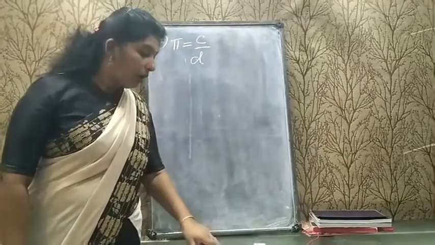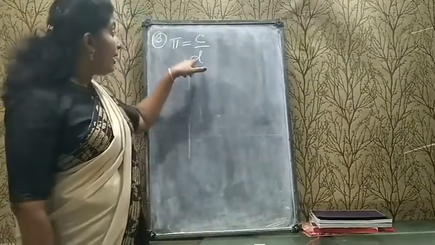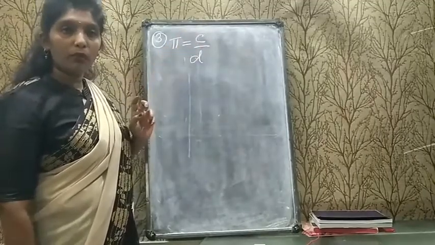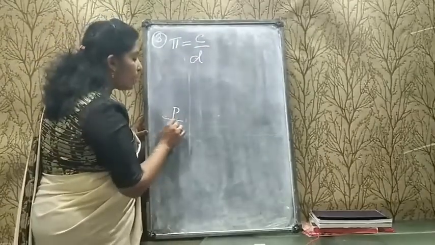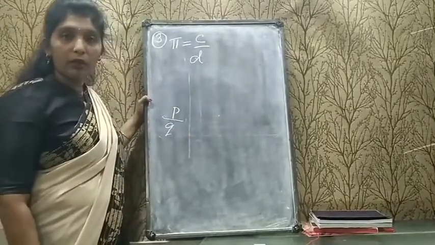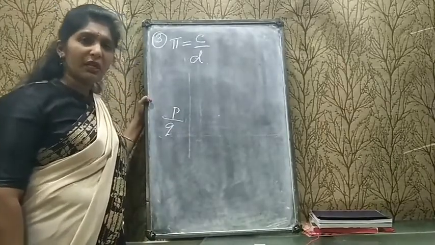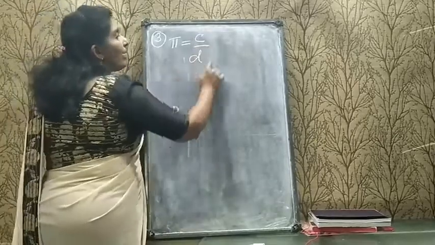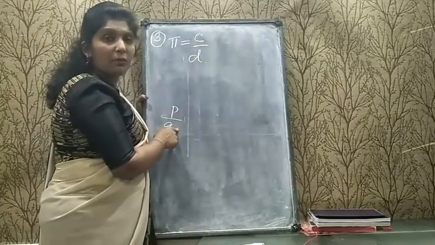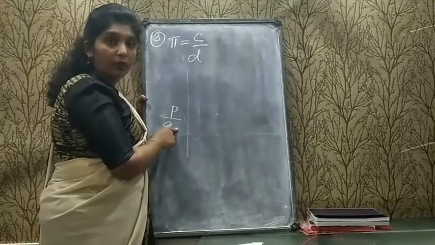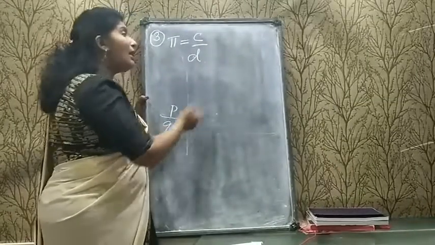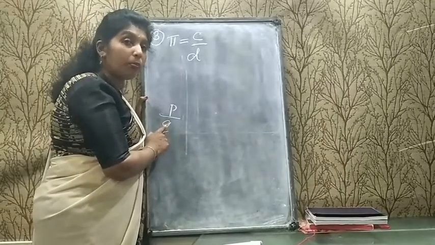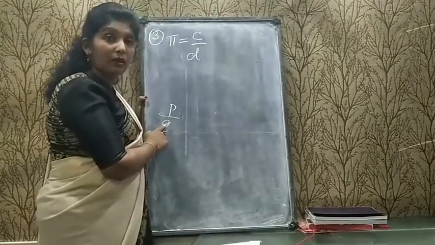Then, if pi can be written as C by D, means pi is in the form of P by Q. If a number we are able to write in the P by Q form, then such numbers are rational numbers. Since it is written in C by D form, it means it is a rational number. It means pi is also a rational number. But already you learned pi is not a rational number.